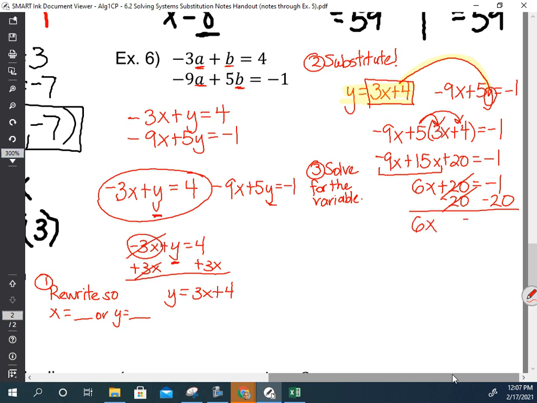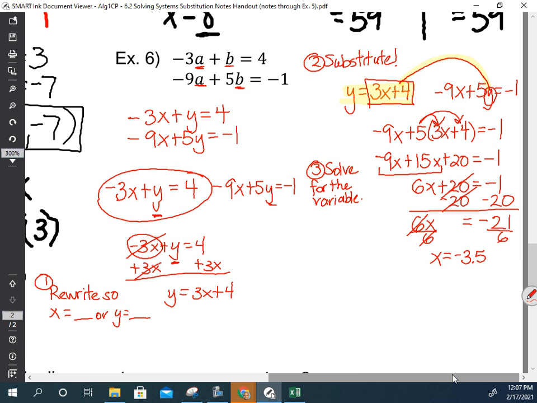So 6x equals negative 21. So to get x by itself, what do we have to do to both sides? Divide by 6. So we're going to get x equals negative 3.5.